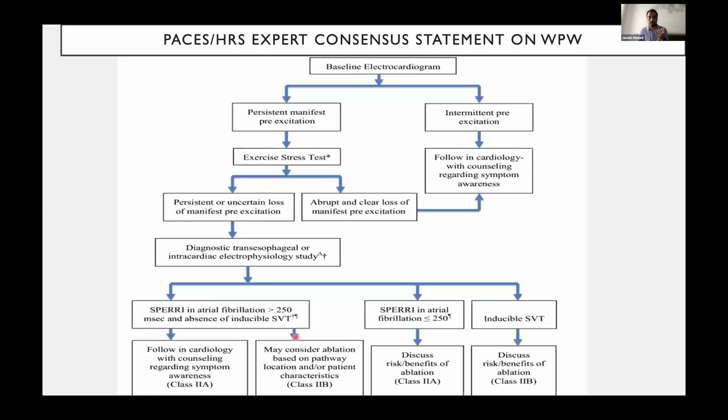For some people with high risk characteristics or as per the patient choice, you may still consider ablation, but it's class 2B. And people who have very short SPERRI, less than 250, you should discuss the risk and benefit of ablation and appropriately time them for ablation.